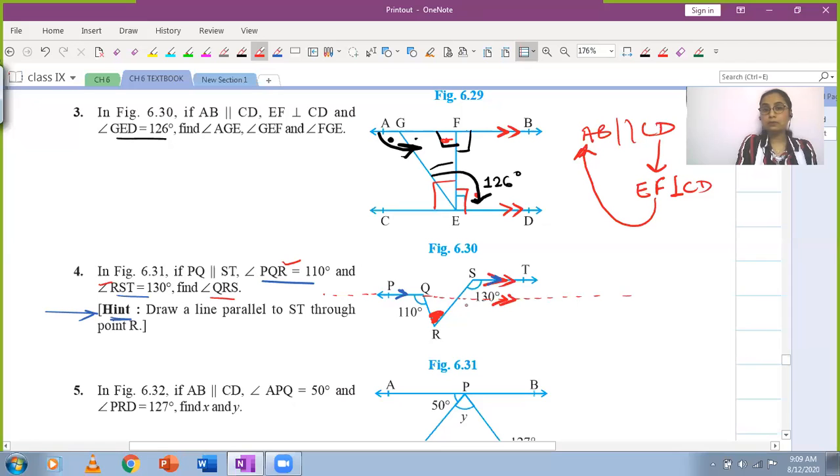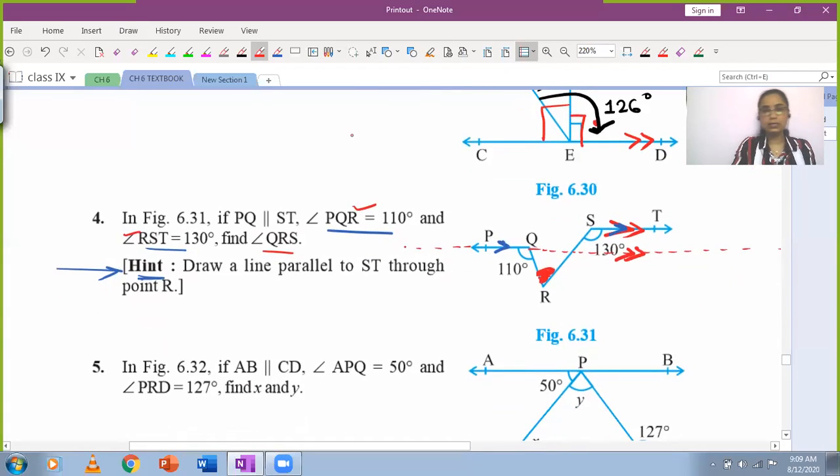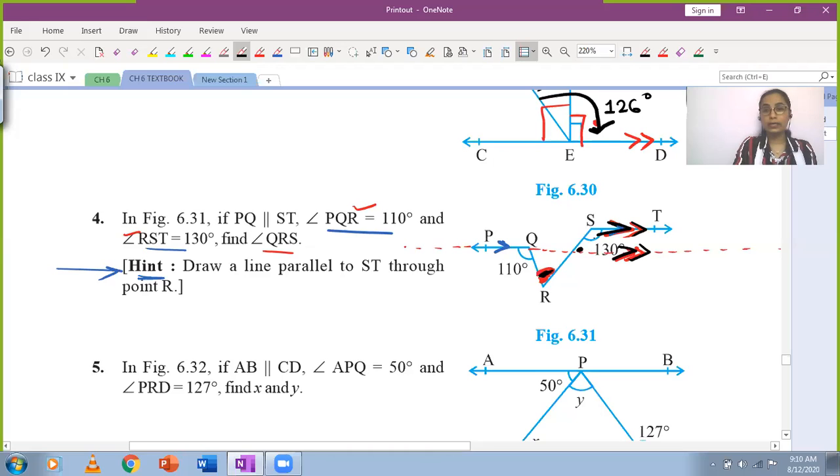Now there are multiple properties which you could use here. Let's focus on this part. We need to find this angle. Since ST is parallel to this extended part, you can find this angle with the help of 130. These two form co-interior angles.